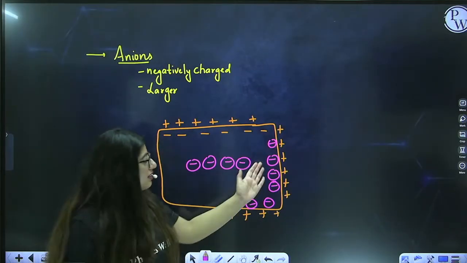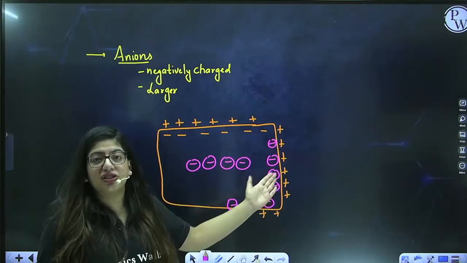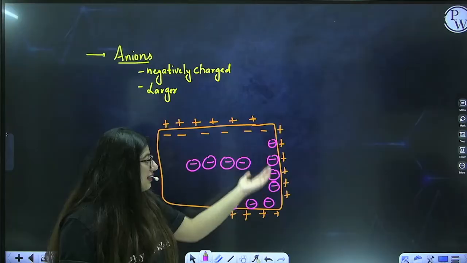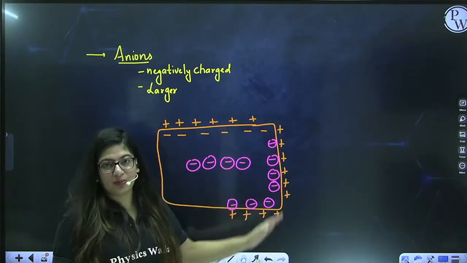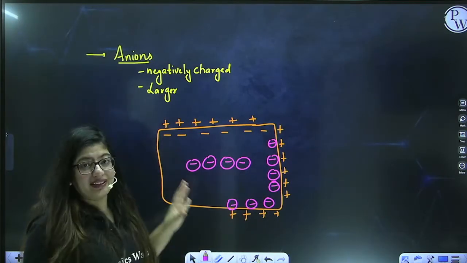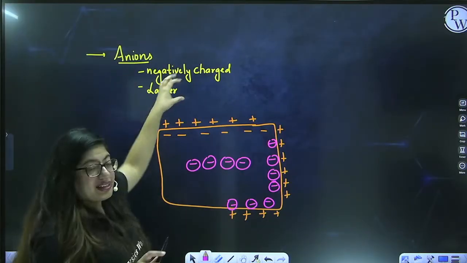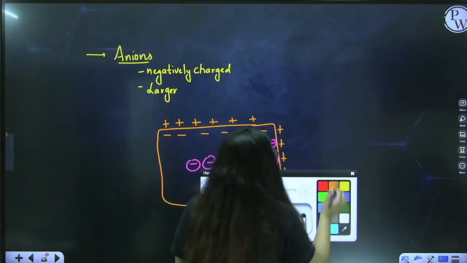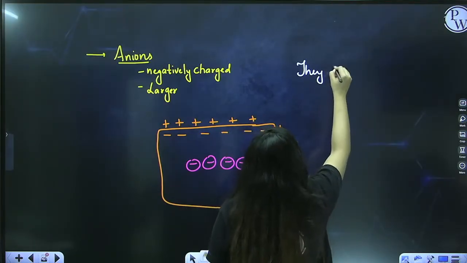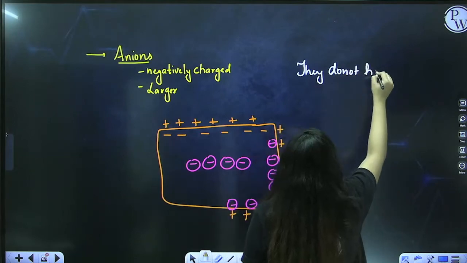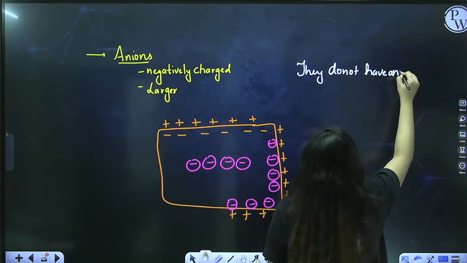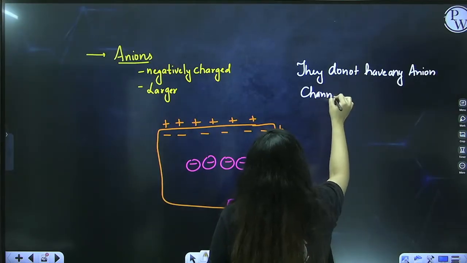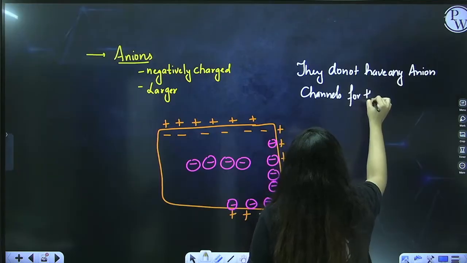As a result, there is a creation of charge difference along the membrane, and hence inside is more negative and outside is positive, right? So we say that these anions are negatively charged. They do not have any anion channels for their movement.